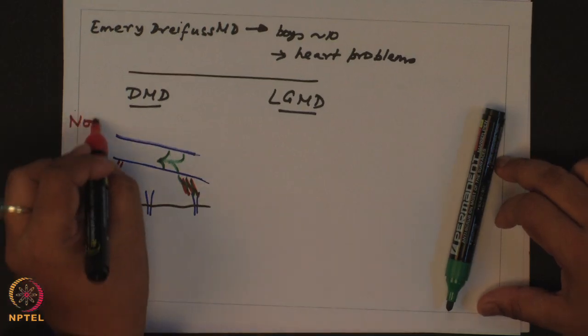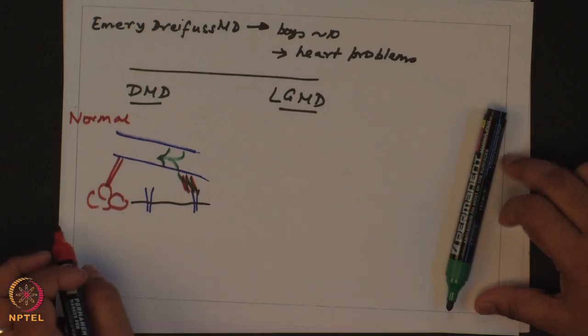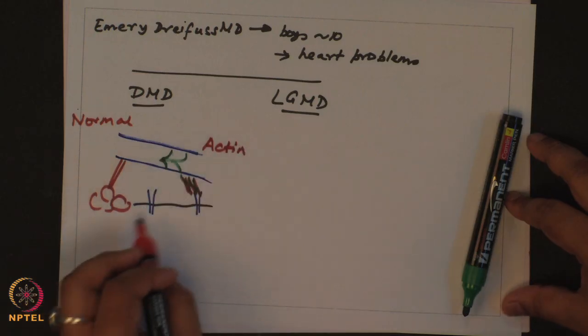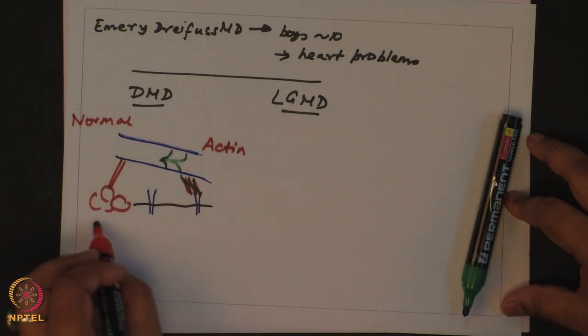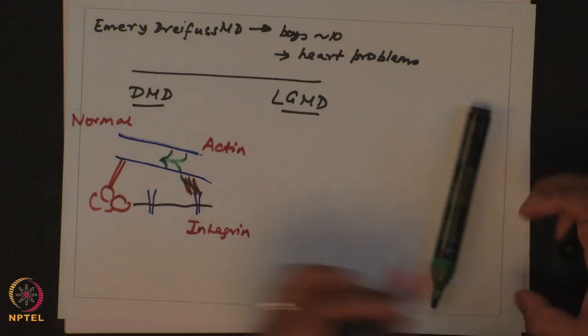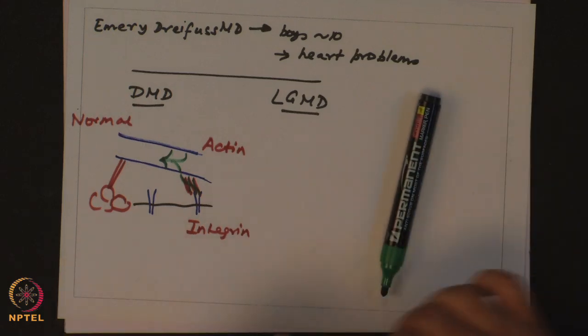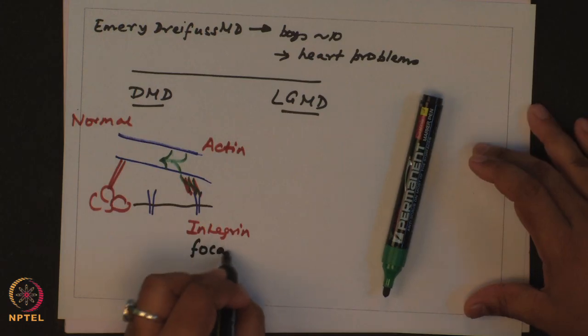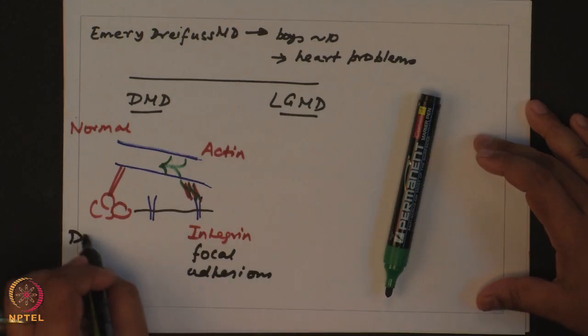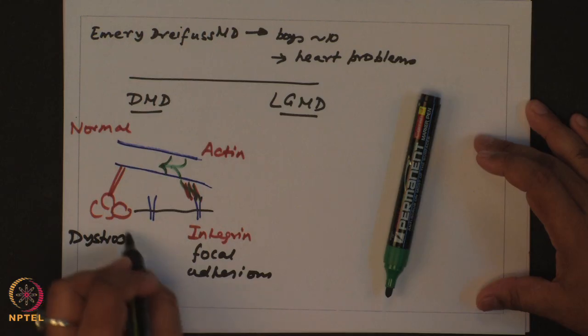So, in normal muscle you have two sets of adhesions which link the actin cytoskeleton to the outside. You have the integrin based focal adhesions, and you have what is called the dystroglycan complex.